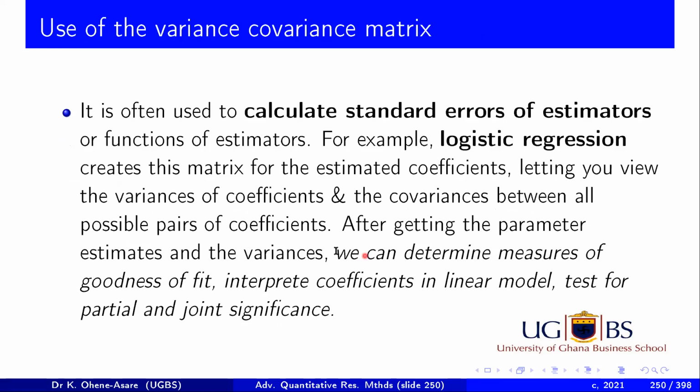The last point here is also very important: we can determine measures of goodness of fit, interpret coefficients in the linear model, and test partial and joint significance. What we derived right now can help us arrive at that section. So it's important to know at a higher level the derivation of the variance covariance matrix.